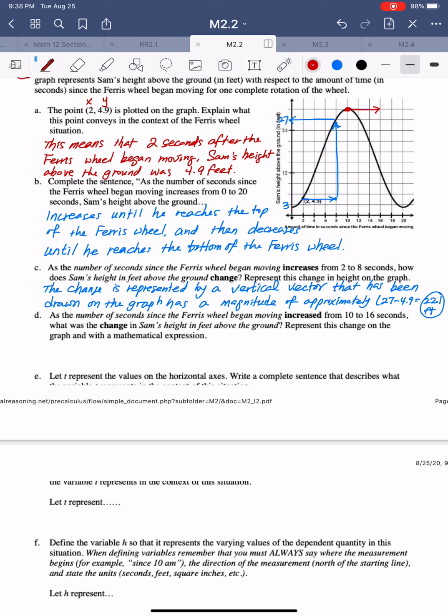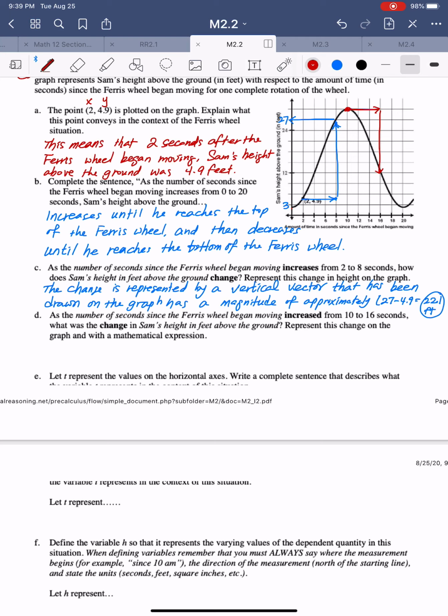So this time, the height actually drops, because the vector goes down about here, right? About this time. So as the number of the seconds since the Ferris wheel began moving increases from 10 to 16 seconds, because time always increases, right?